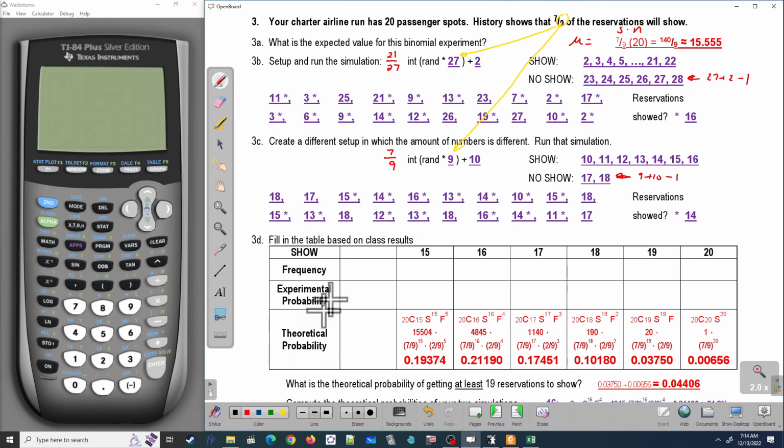So let's create a couple extra columns. I don't usually need to have that many different columns, but I also don't normally have a class size of 200 students.